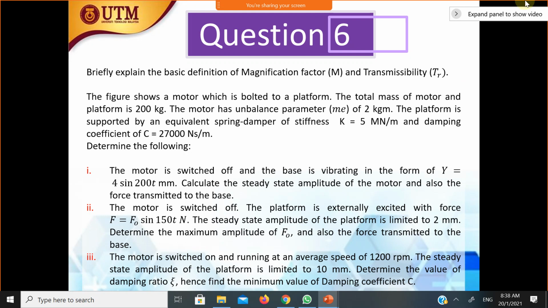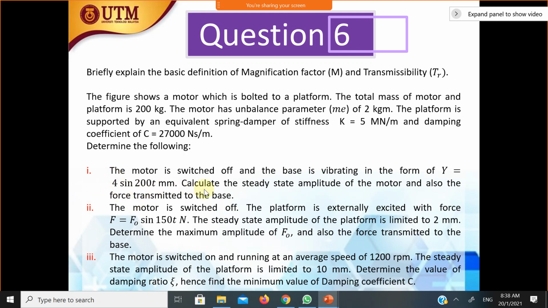This one we will use for the second condition. The platform is supported by an equivalent spring damper of stiffness k 5 meganewton per meter and damping coefficient c 27,000 newton second per meter. So determine the following.